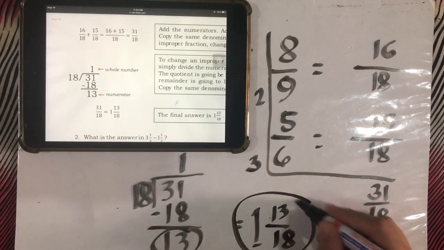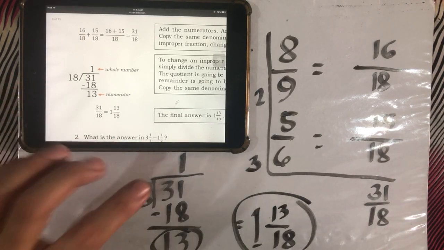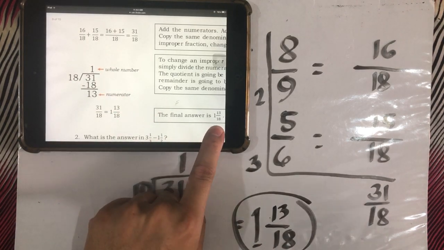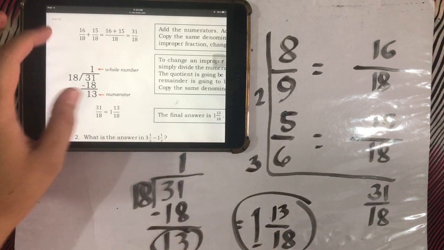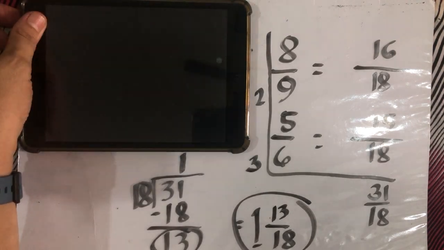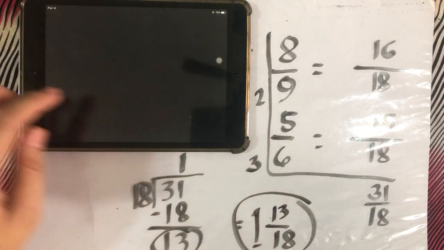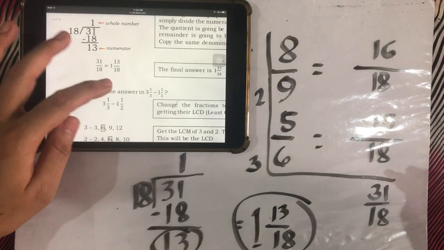So you will have an answer which is 1 and 13 over 18. So that is for addition of fractions where the answer is an improper fraction.